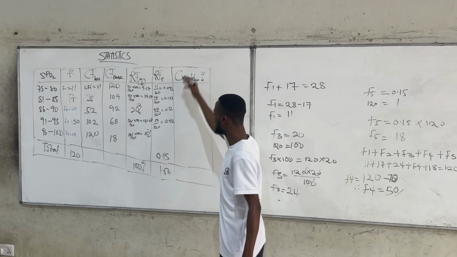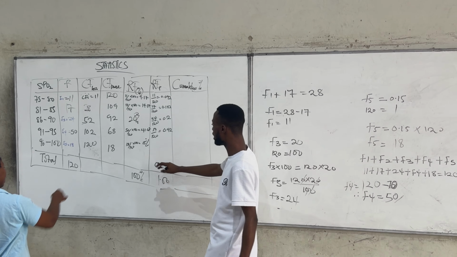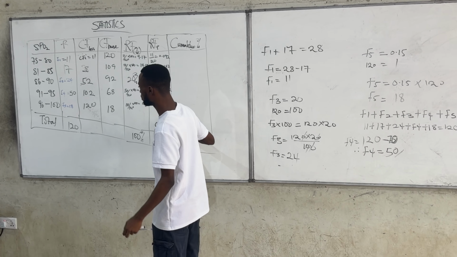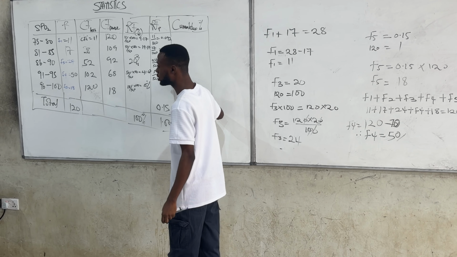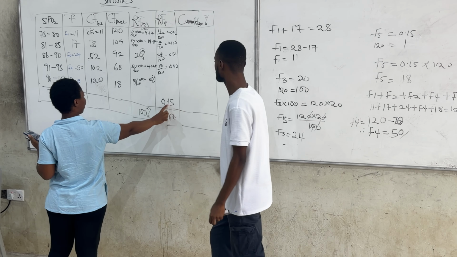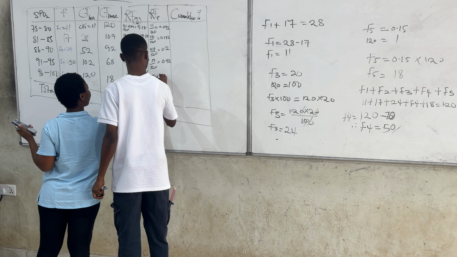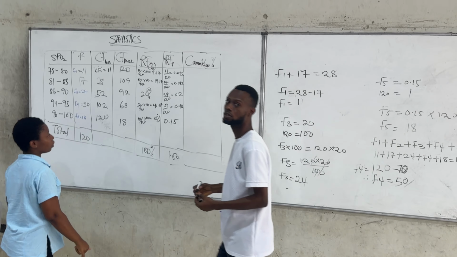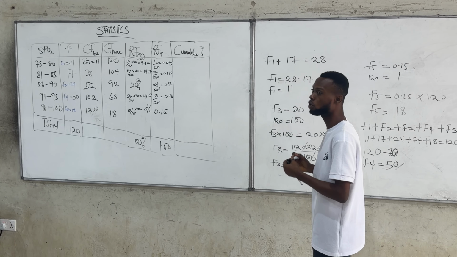Okay, so these are the values. Here, they've given you already the F5. So these are the values for relative frequency proportion.